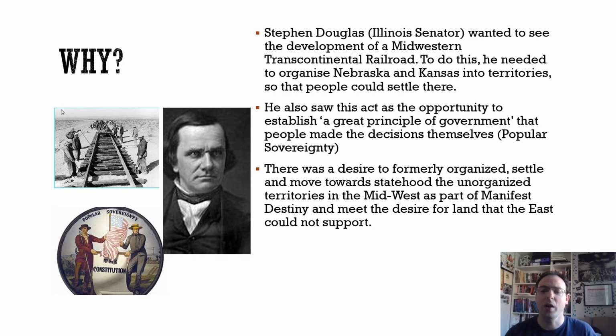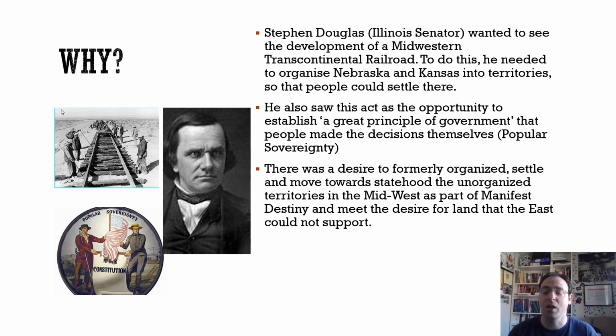Right, so why, in a bit more detail? We've got Stephen Douglas, who you'll remember from the 1850 Compromise, and he wanted to see the development of this Midwestern Transcontinental Railroad. To do this, he needed to organize Nebraska and Kansas into territories so people could settle there and give a safe route, with organized government, going through for the railroad. Why is it so important to him?